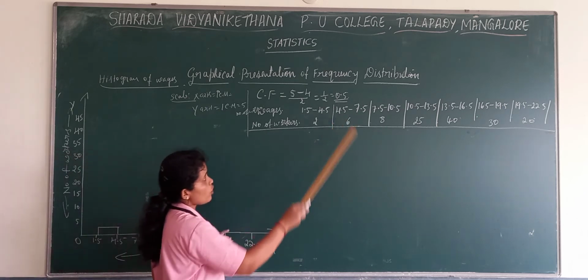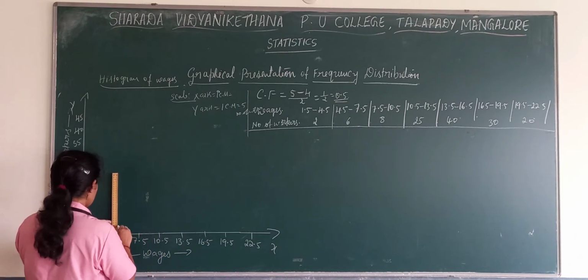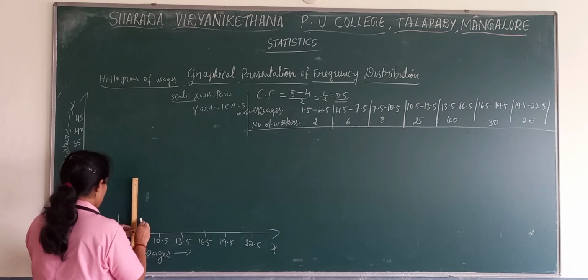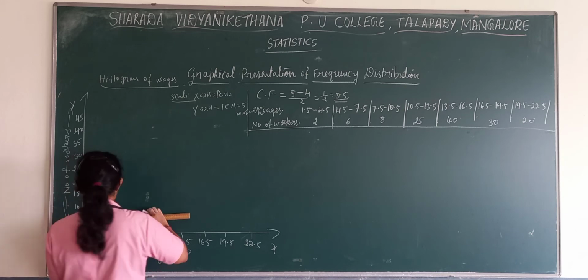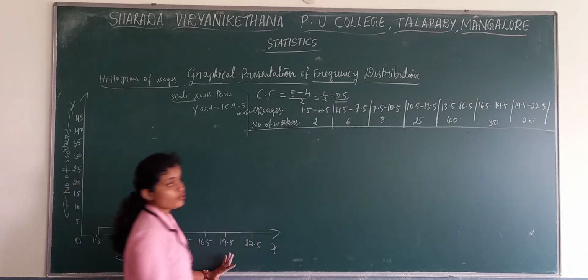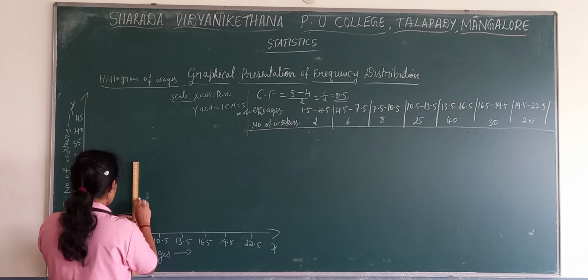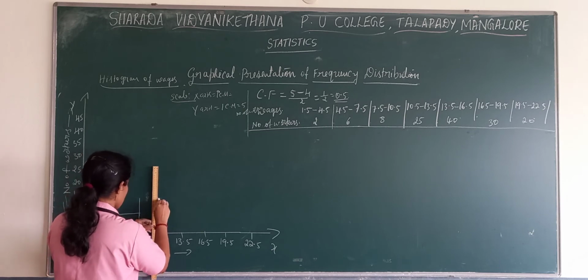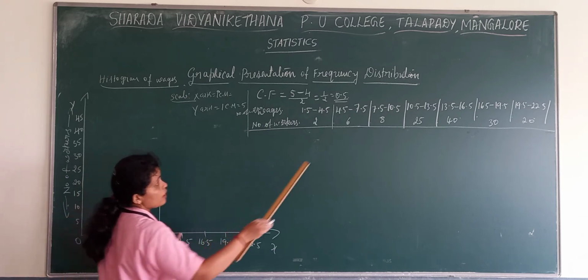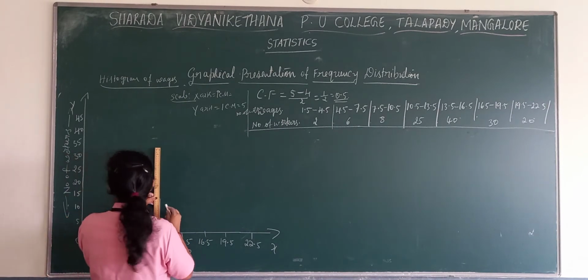Next it is 4.5 to 7.5, 6, which comes just above the value 5. Next comes 7.5 to 10.5, that is 8. Next comes 10.5 to 13.5, 25.